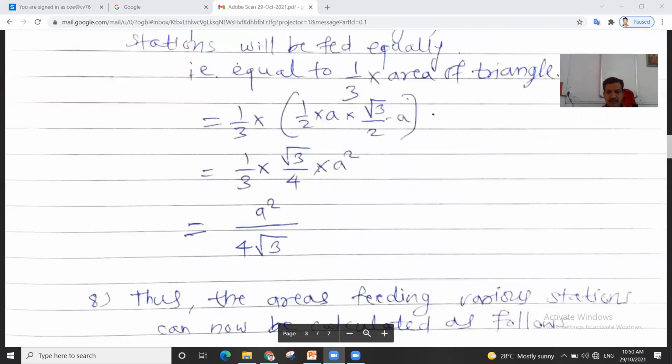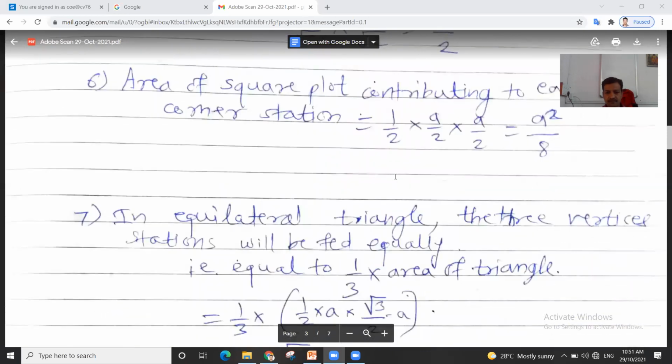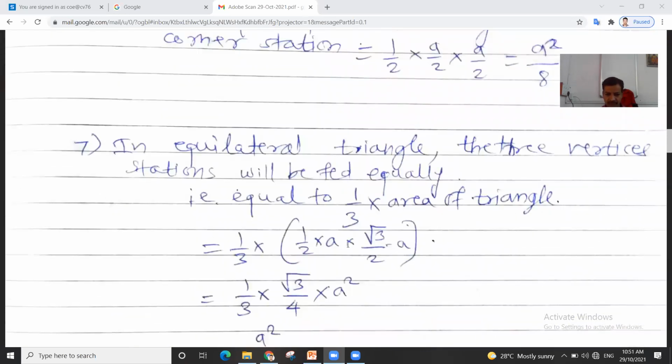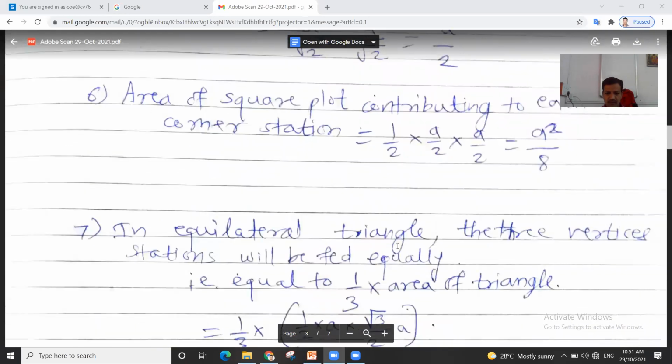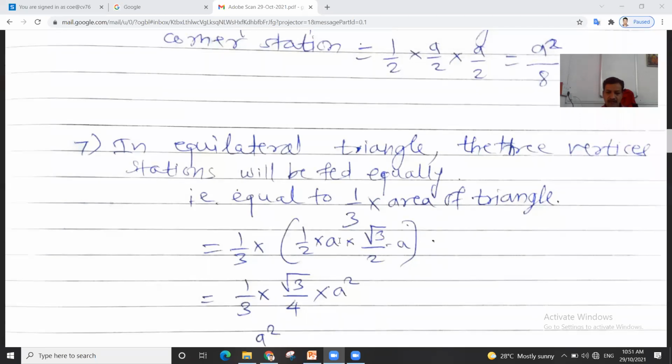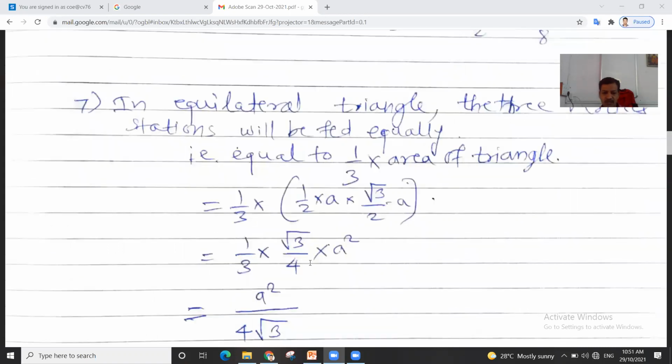The area of the triangle is 1 by 2 into A into root 3 by 2 into A, where A is the side multiplied by the height root 3 by 2 into A. Then 1/3 of this area is 1 by 3 into root 3 by 4 into A square.